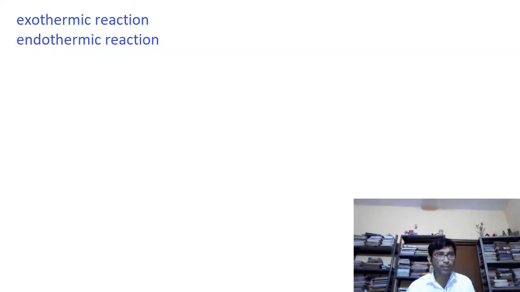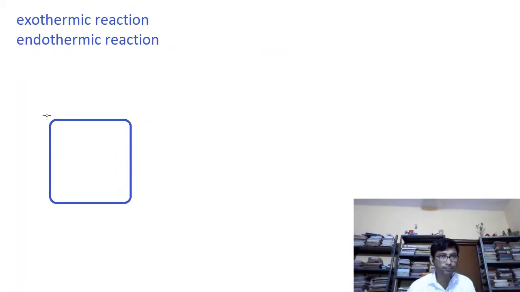So an exothermic reaction is a reaction in which, when the reaction is taking place, what is happening is, suppose here some reaction is taking place, and due to this reaction heat is being evolved.